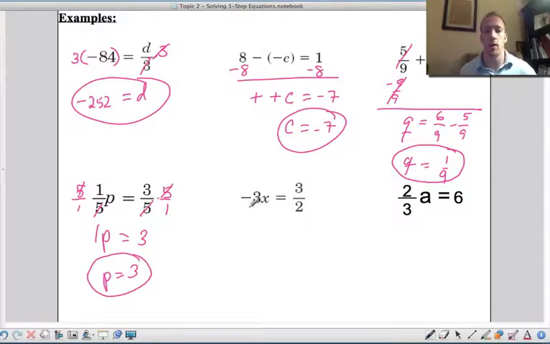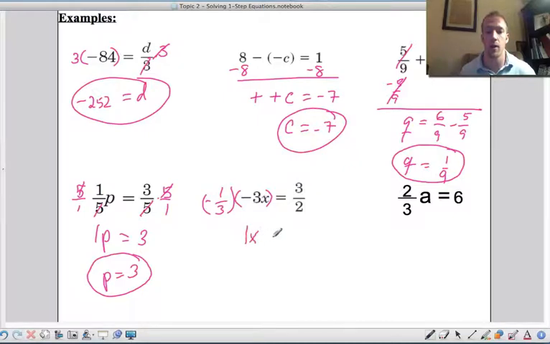All right, so unmultiply by 3. Now, it's not just a 3, it's a negative 3, and we want a positive x. If we just divided by a 3, we'd be left with a negative x, so we have to divide by a negative number to undo that negative. So I'm going to multiply by a negative 1/3. So negative times a negative is positive. 1/3 times 3 is 1.